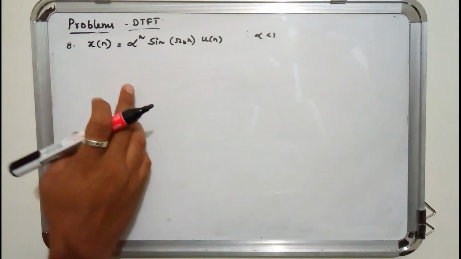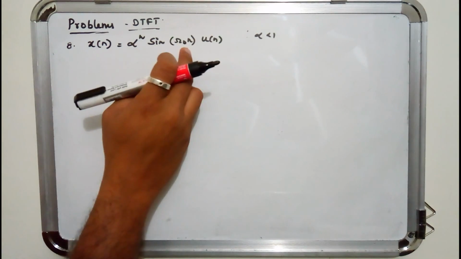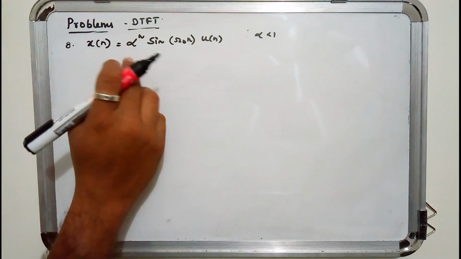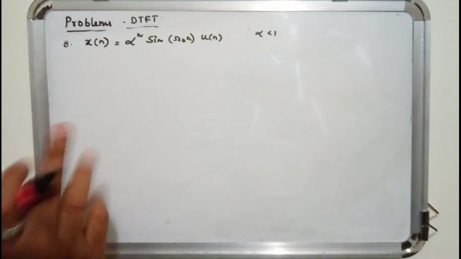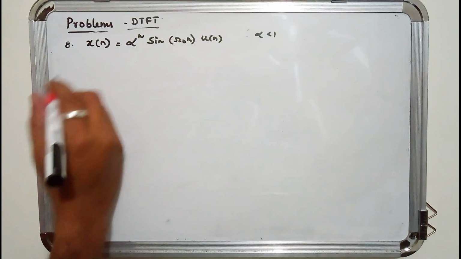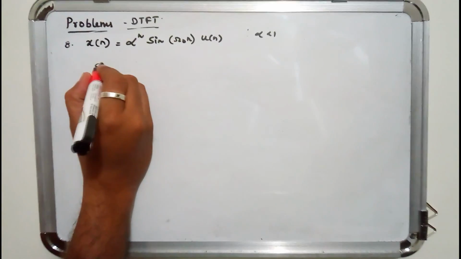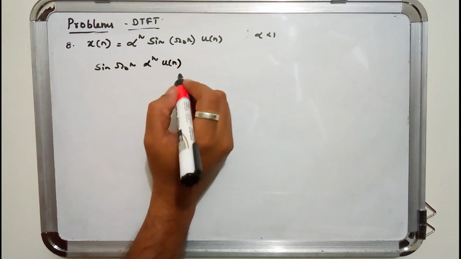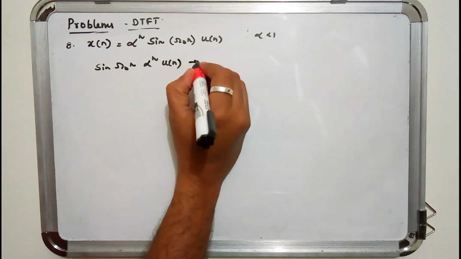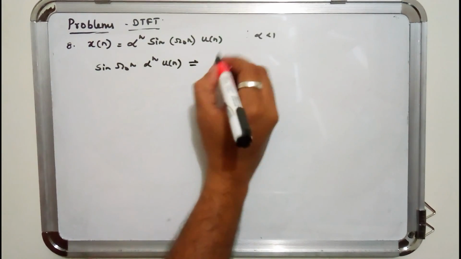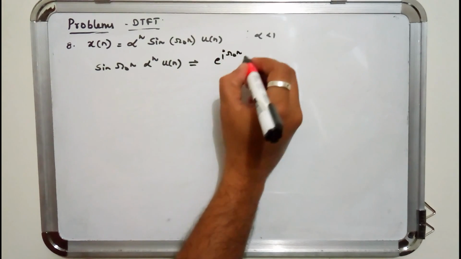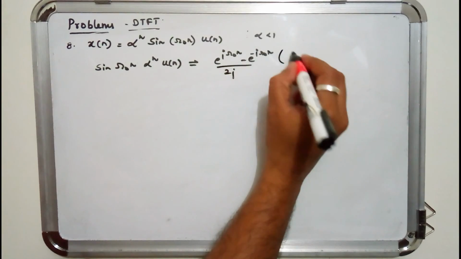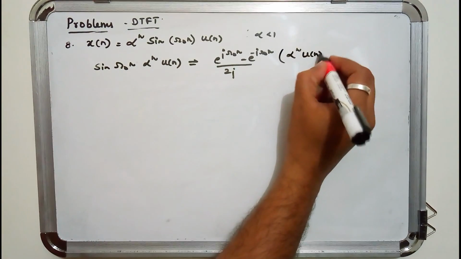Now in this problem, x of n is given to be alpha power n sin omega naught n u of n. Now we know the discrete time Fourier transform of alpha power n u of n. Right. So I can rewrite this as sin omega naught n alpha power n u of n, which in turn I can write in terms of exponentials, it is e power j omega naught n minus e power minus j omega naught n divided by 2j into alpha power n u of n.